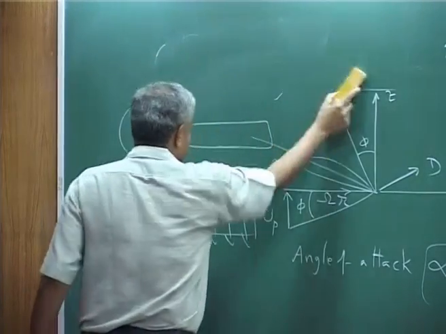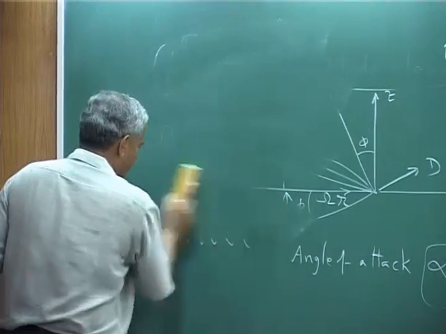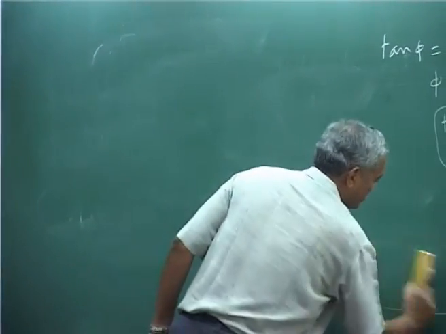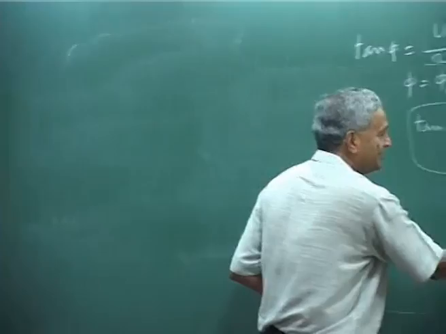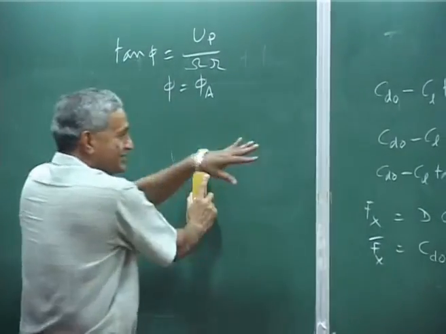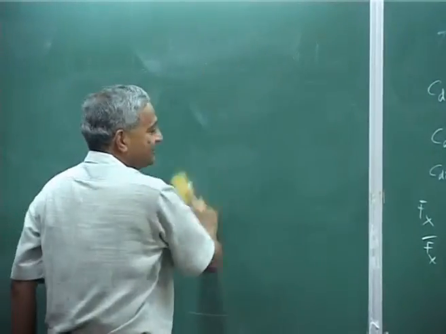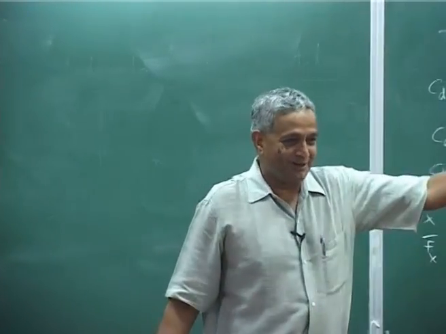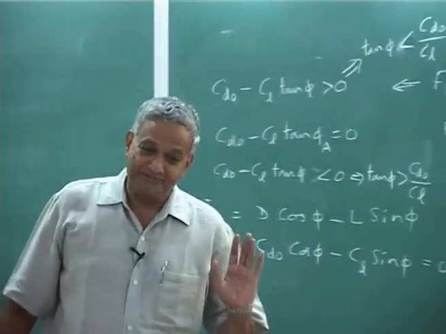Is it clear? So I have confused you enough, right? Auto rotation is otherwise simple. If you do not want to get into this business, auto rotation is power is 0, as I wrote, and that is good enough.